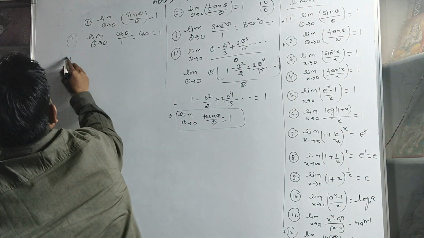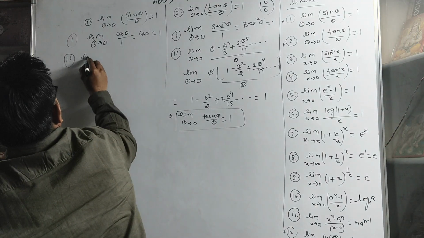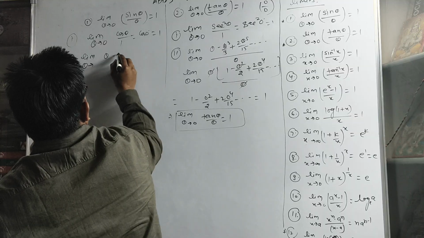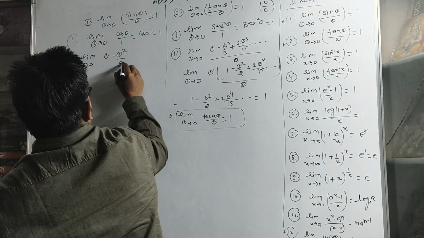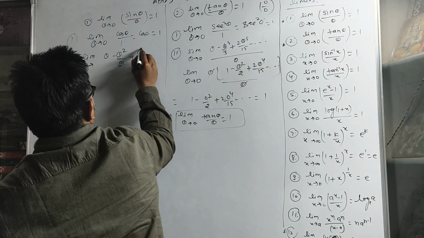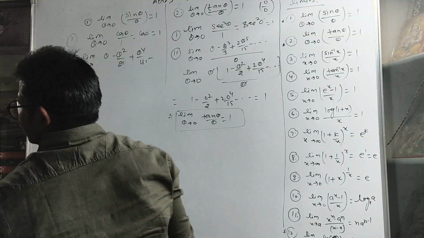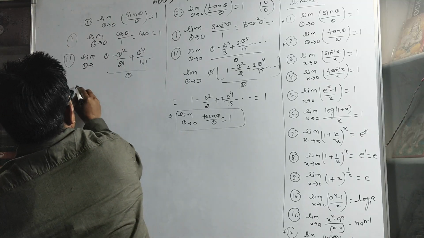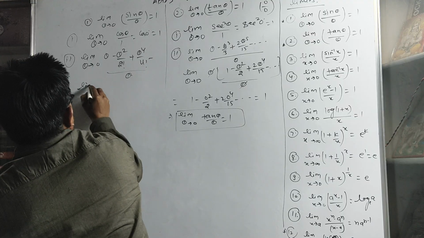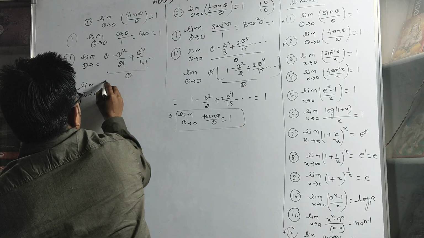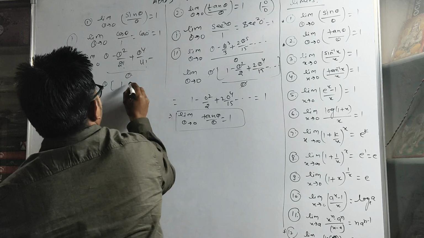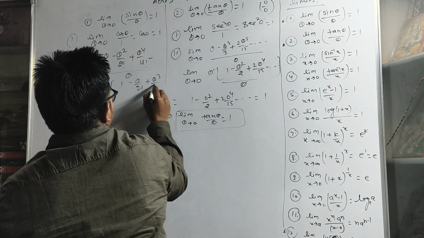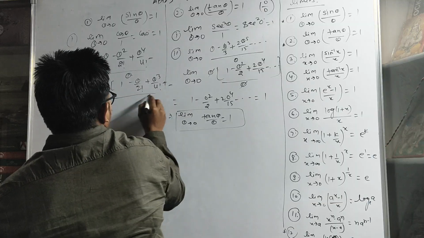Now the second method, if you apply the sin x series, sin theta is theta minus theta cube upon factorial 3 plus theta to the power 5 upon factorial 5 and so on. We will take theta common in the numerator. Limit theta tending to 0, if you take theta as common, then this will become theta minus theta square upon factorial 3 plus theta to the power 4 upon factorial 5 and so on, upon theta.